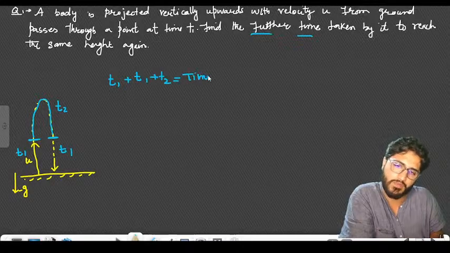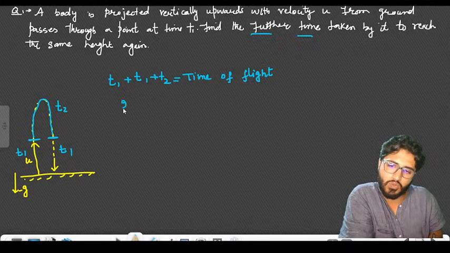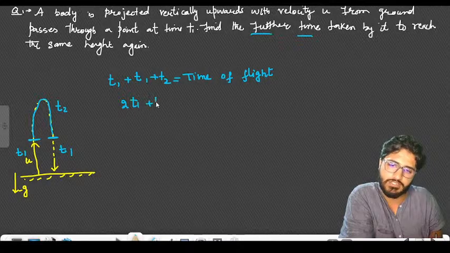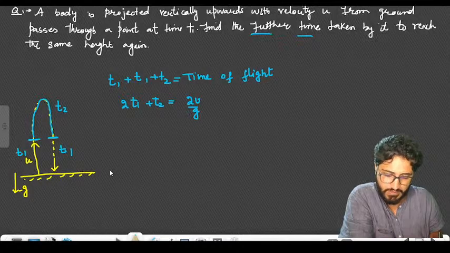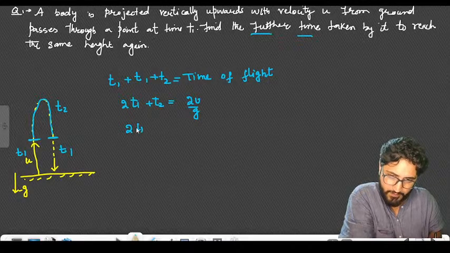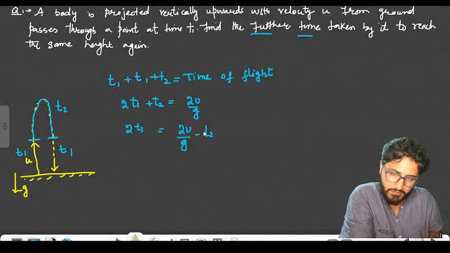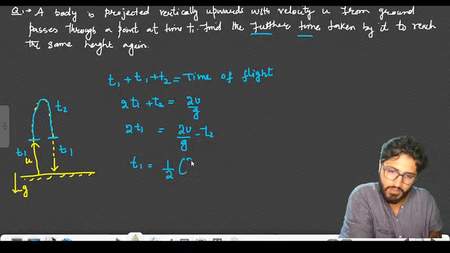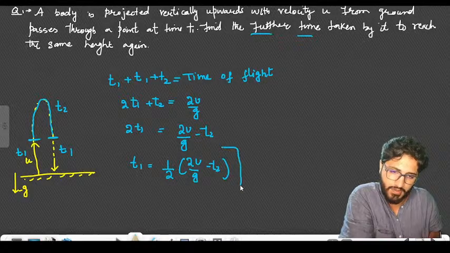Is it the time of flight now? Yes, sir. So I can write 2 times t1 plus t2 is the time of flight, which is 2u by g. So what is 2 times t1? It is 2u by g minus t2. Yes, sir. And this is my answer.